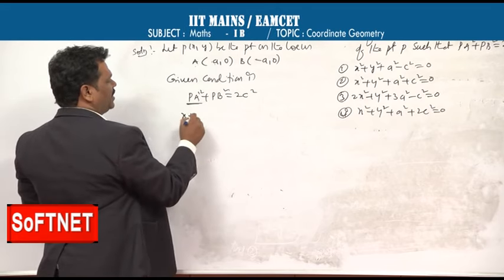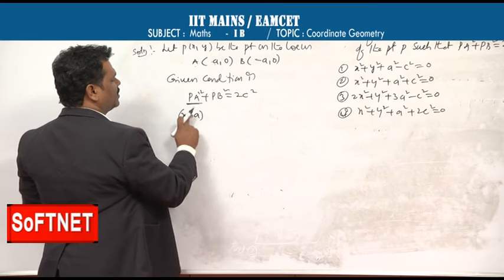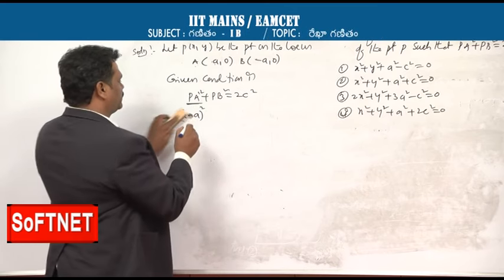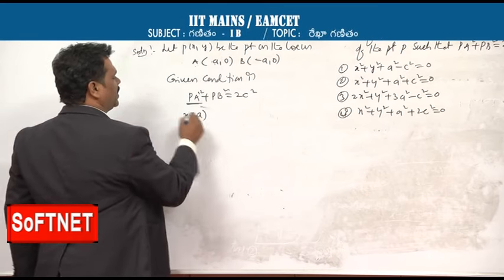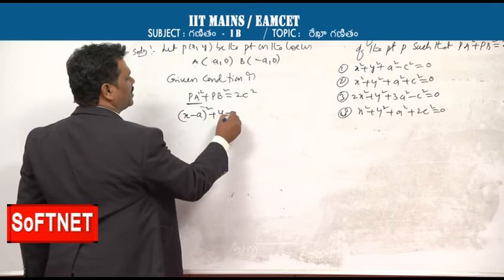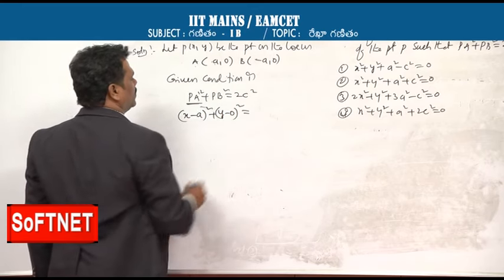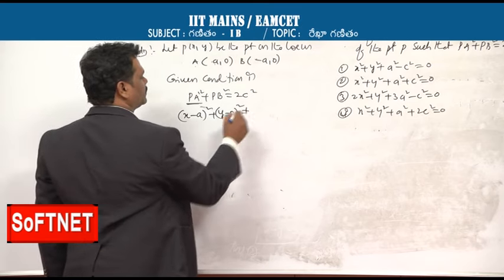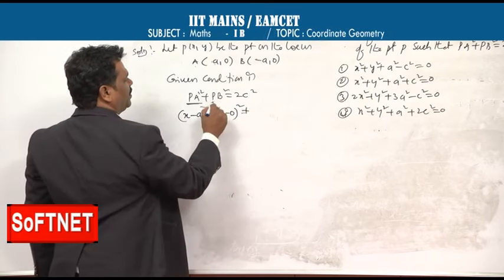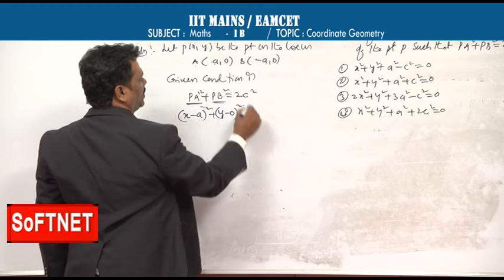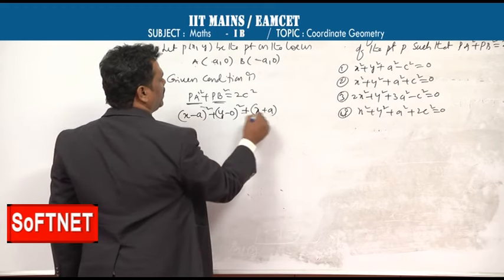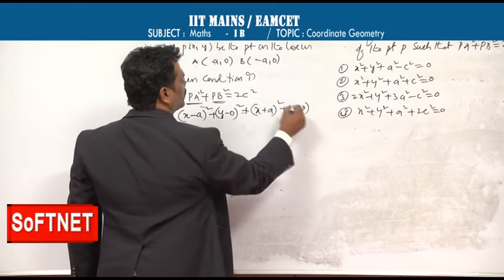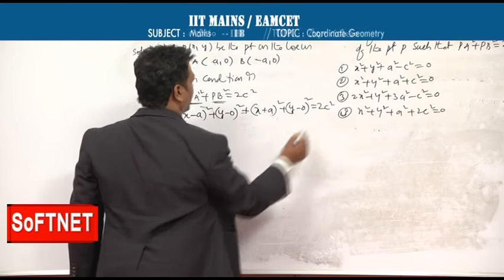So (x minus a) whole square plus (y minus 0) whole square plus PB square, which means P and B, (x plus a) whole square plus (y minus 0) whole square equal to 2c square.